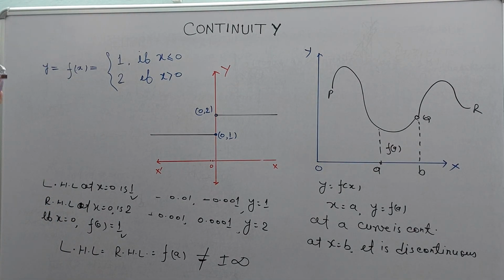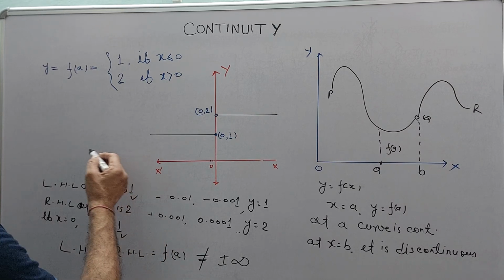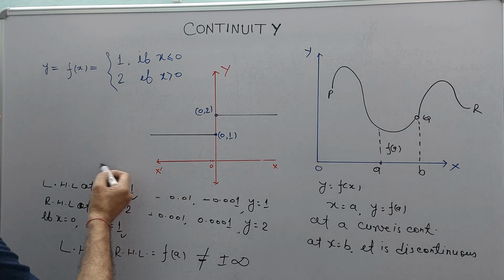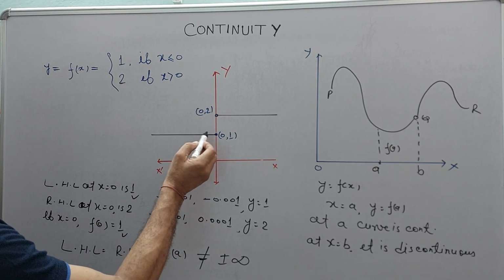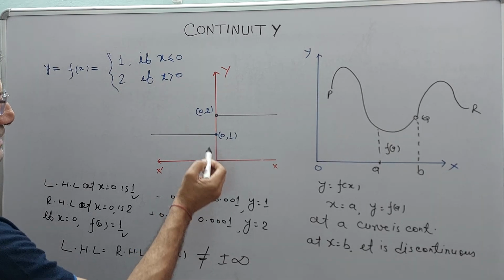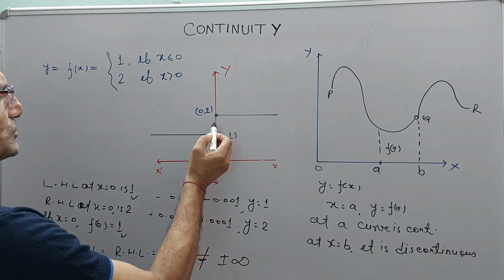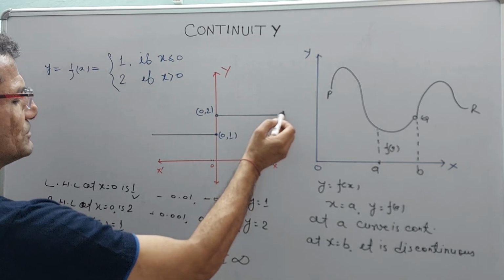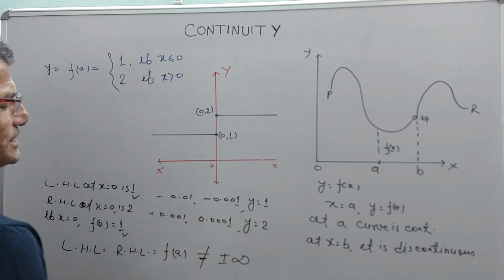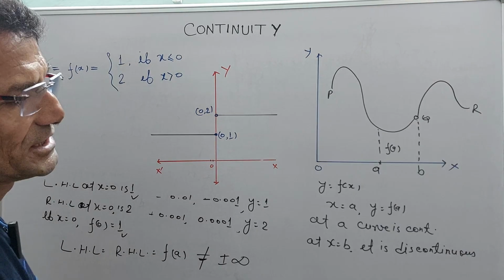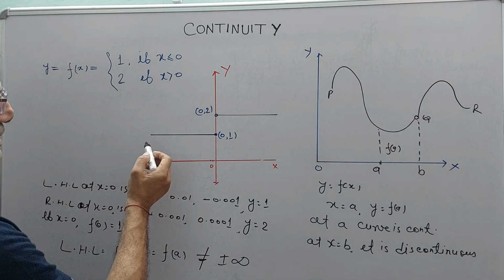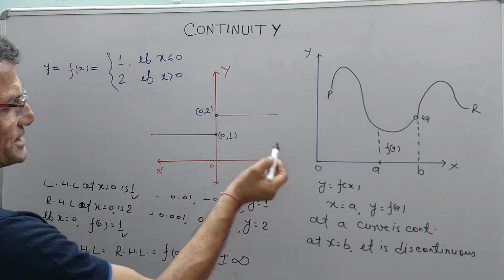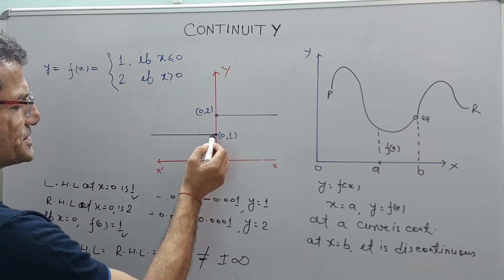Now another case: if I take a pen and start from minus infinite toward zero from the negative side, and go along the curve, we have to lift our pen from here to here. When you lift the pen, it means there is a gap at x equal to 0. We say the function is not continuous at x equal to 0, because we are not taking the pen smoothly from minus infinite to plus infinite, we just jump from here to here.